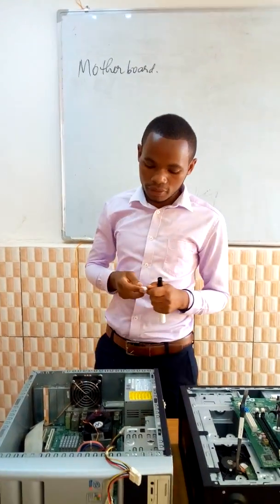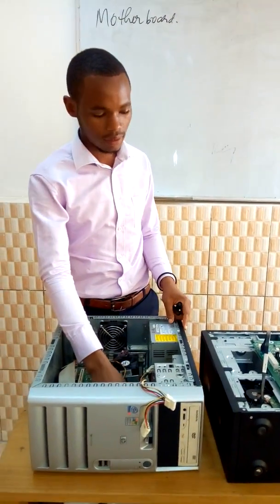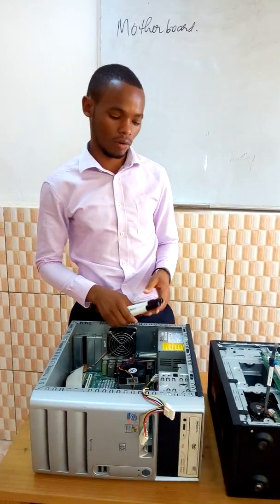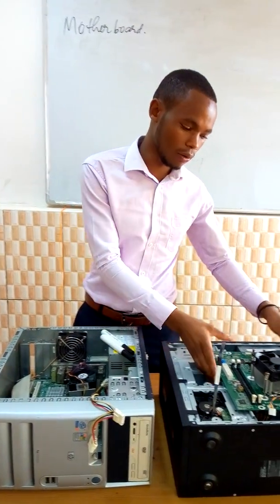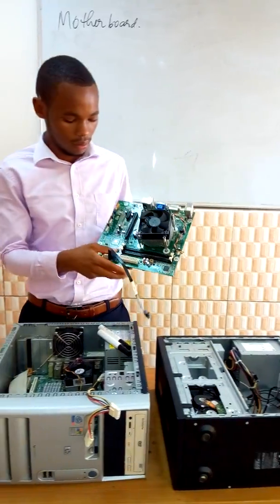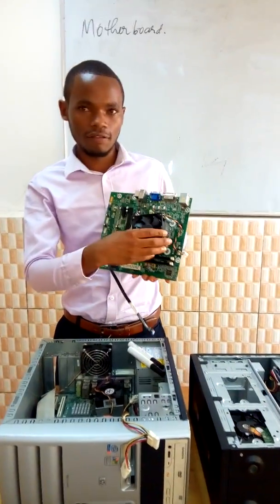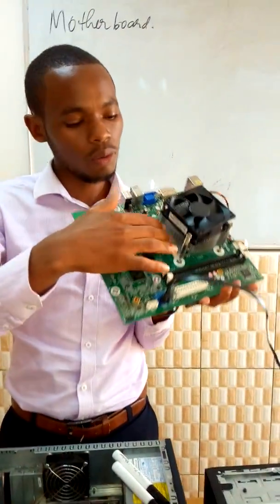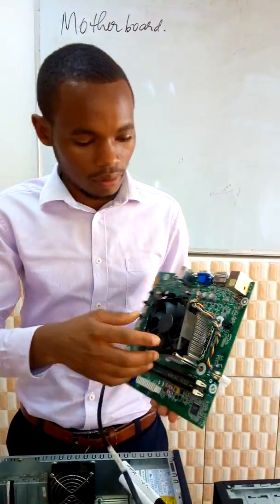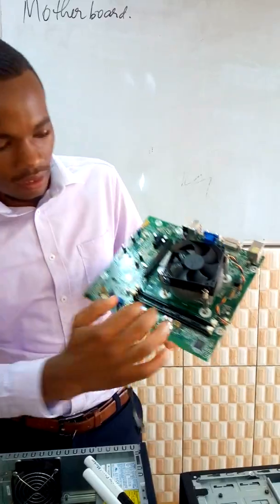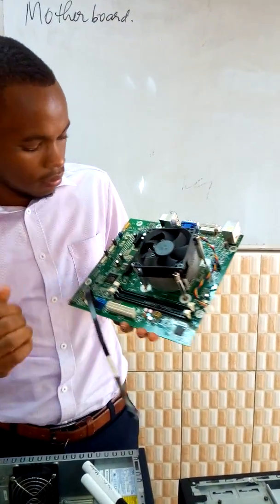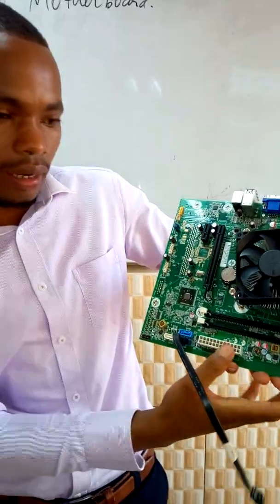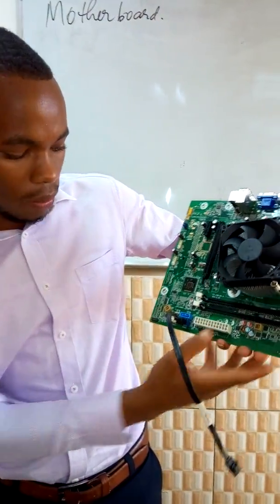The motherboard is an electronic circuit which holds all internal components of the computer. For example, on this one you see we have the fan, and below we have the CPU, and this is the place of the RAM, and we have the attachment where you can plug the cable.